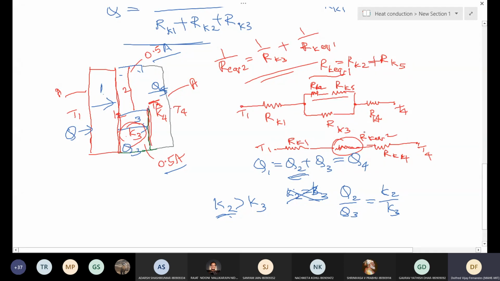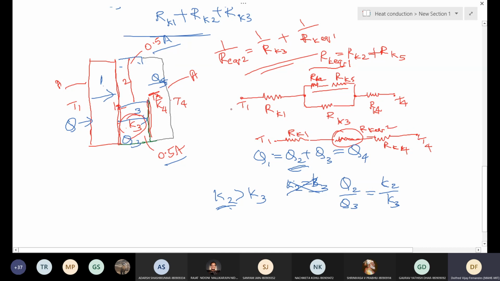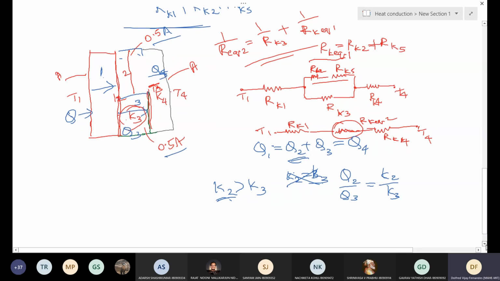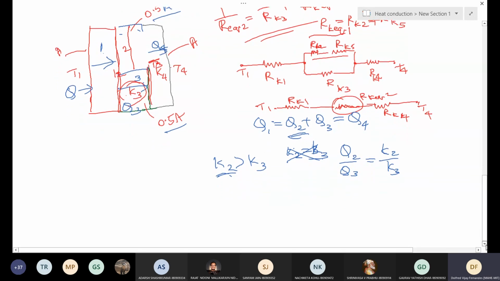Those who do not remember can go back and refresh their knowledge of basic circuit resistance circuits, RC. Then we will move on to the other coordinates of the type of wall, cylindrical and spherical wall.